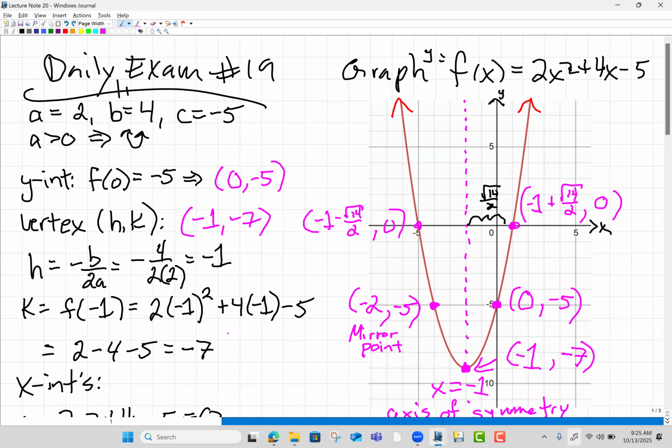Once we had the vertex, we knew it opened upward because the a value was positive. That told us there had to be x-intercepts, so we had to look for those. Of course, we want the y-intercept, but that's easy to find because on the y-axis, x is 0. You just plug 0 in for x, and you're left with the c value. All right.